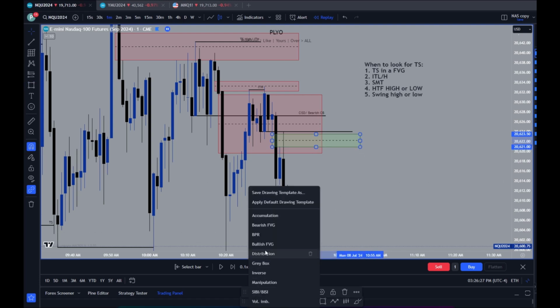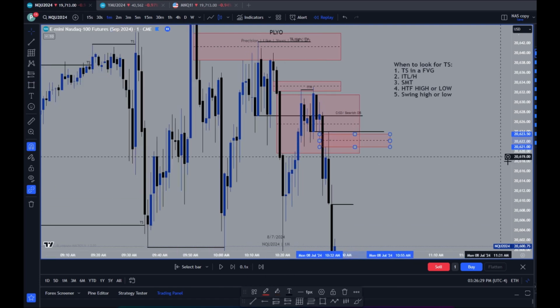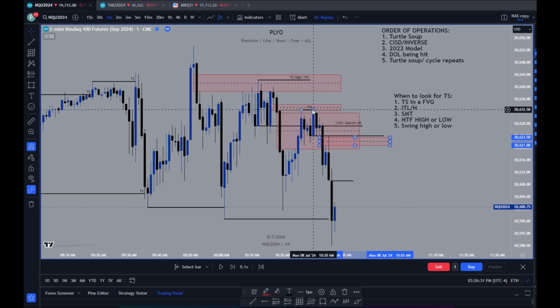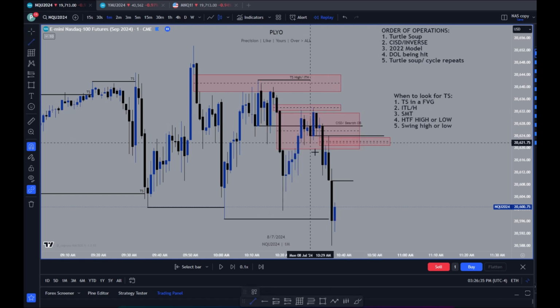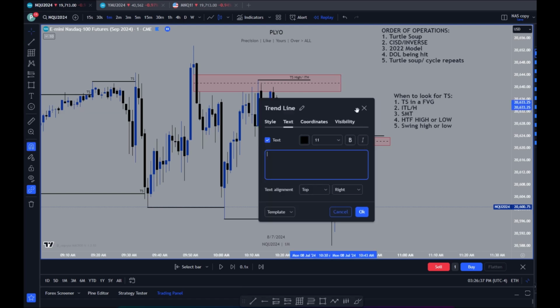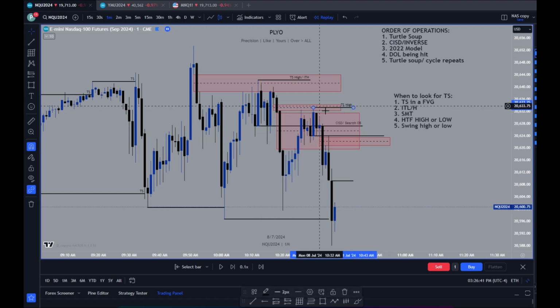Right there. The cycle repeated again. This right here would be your new turtle soup high that you would not expect to be hit until the drawn liquidity is hit.